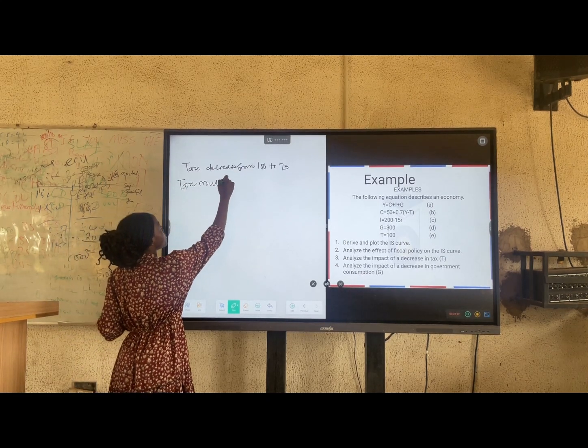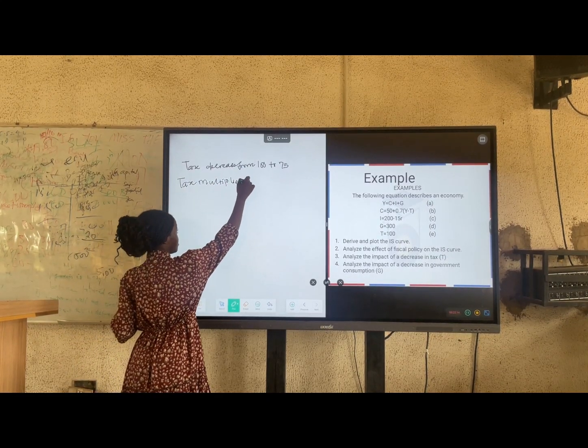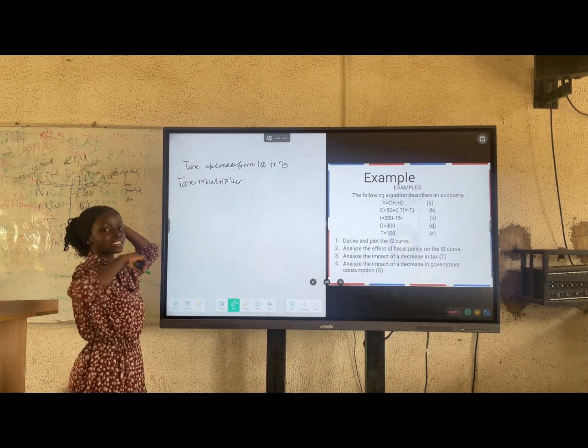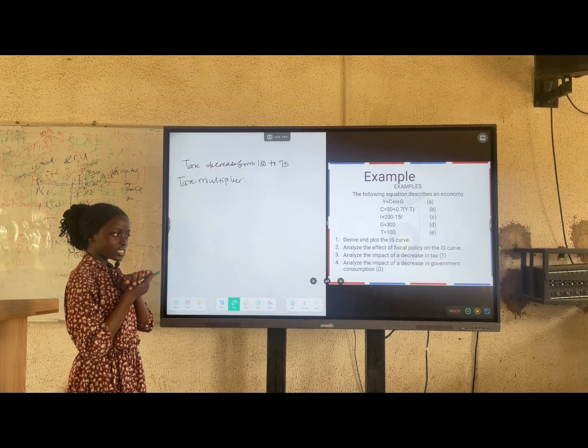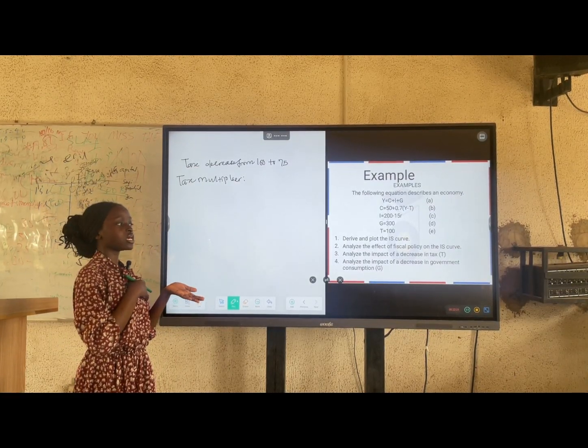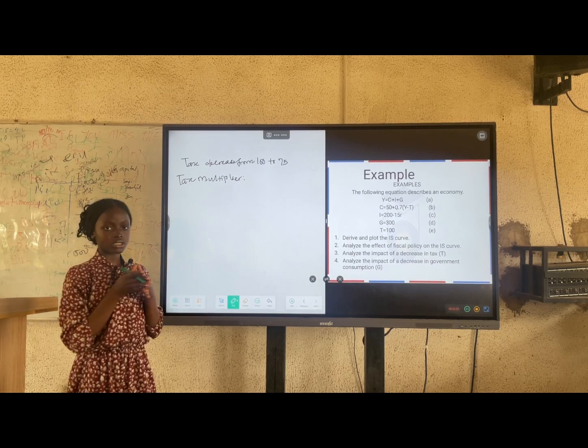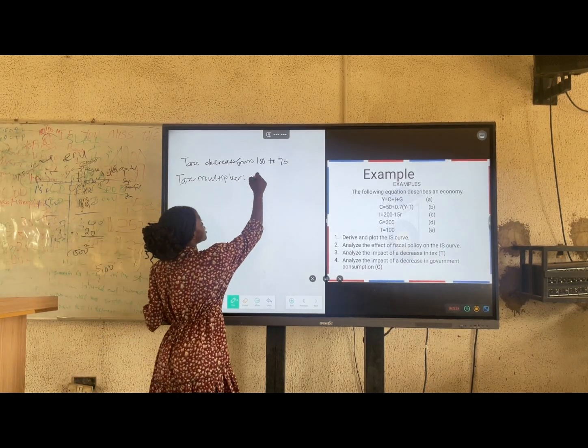What is the tax multiplier? This simply means a unit change in income resulting from a change in tax. Let me write it down.